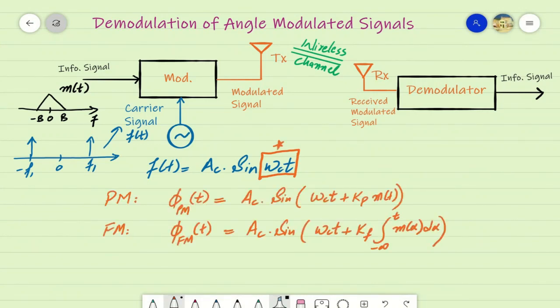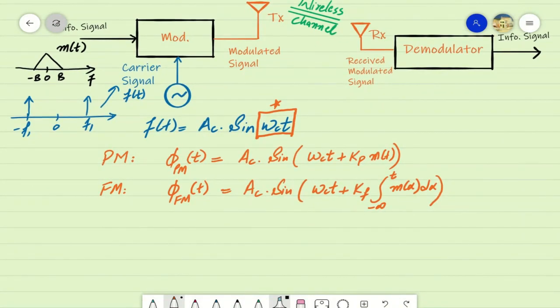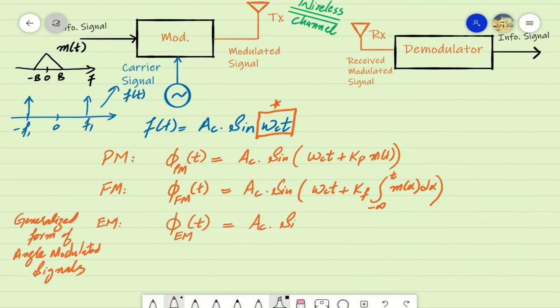In frequency modulated signals, we are aware that phases are changed with respect to the integral of the information signal, and in a phase modulated signal, the instantaneous frequency of the carrier signal is modified with respect to the derivative of the information signal. In generalized form, we represented the exponential or angle modulated signals as shown, where psi of t can take the value of the information signal itself to represent phase modulated signals, or the integral of the information signal to represent the case of frequency modulation.